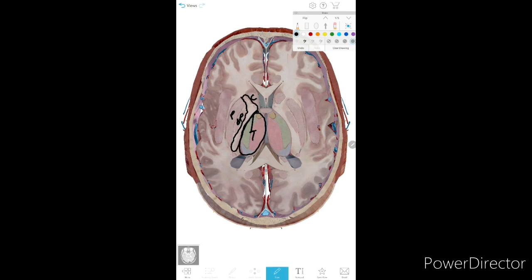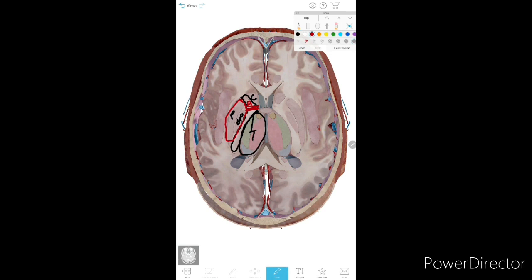Now the internal capsule has various parts which are divided on the basis of its relation to the lentiform nucleus. The part which lies between the caudate nucleus and the anterior part of the lentiform nucleus is known as the anterior limb. The bend of the internal capsule is known as the genu, because genu means bend.